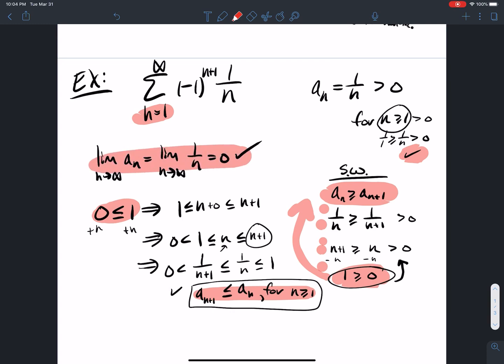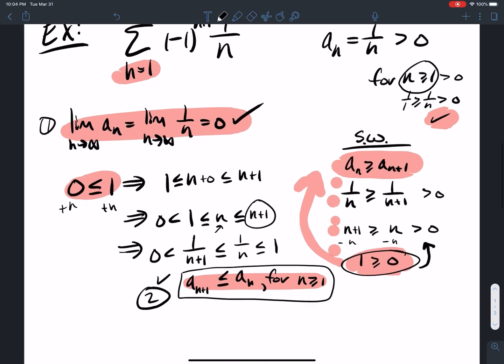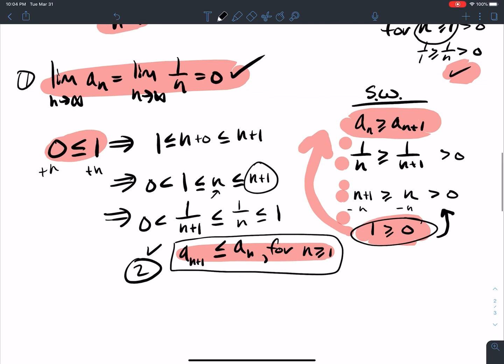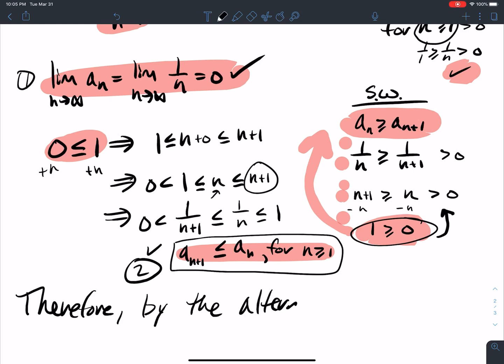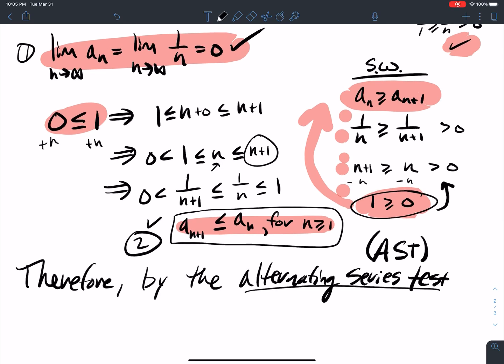Now that we've got conditions 1 and 2 satisfied, by the alternating series test, which you can abbreviate AST if you want, the series from n equals 1 to infinity of negative 1 to the n plus 1 times 1 over n converges.